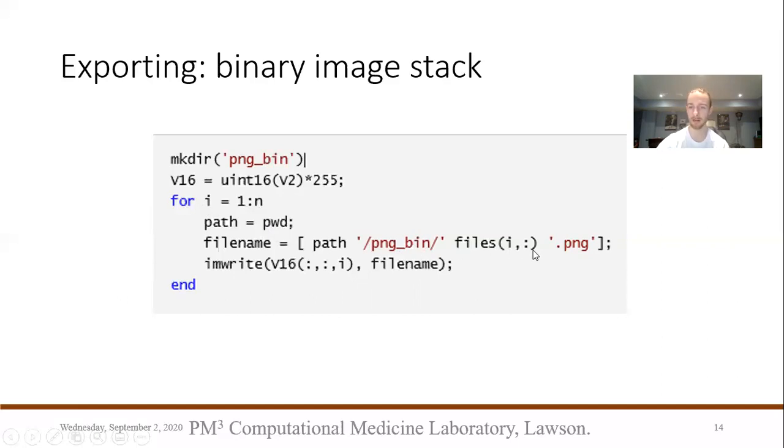I'm reusing the file names from the DICOM images, which typically will be something like im0001, and then I'm adding a .png at the end, so it's going to be im000001.png, and then I'm using the imWrite function to write one slice of my image to this file name, and then I'm repeating that for each of the images. So im0001, im0002, and so on and so forth.